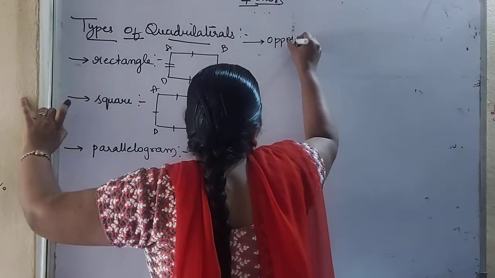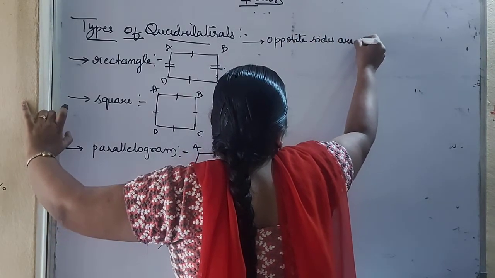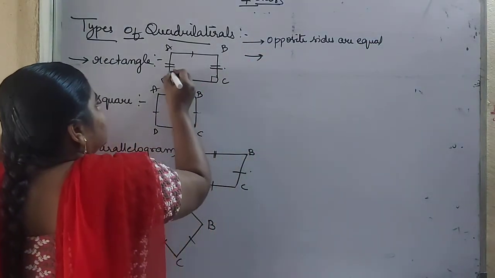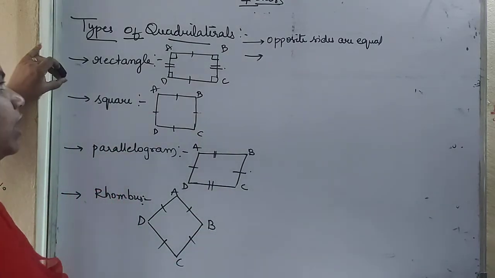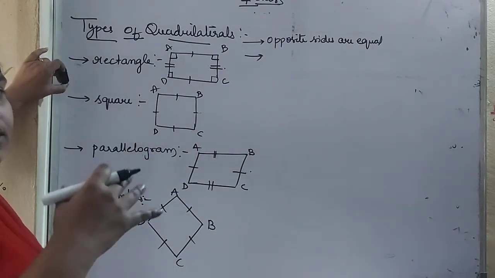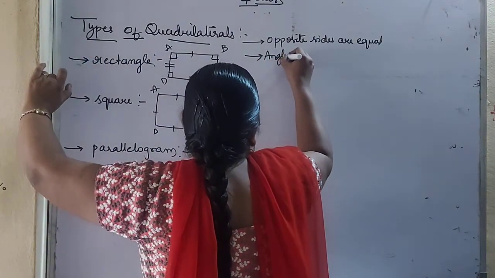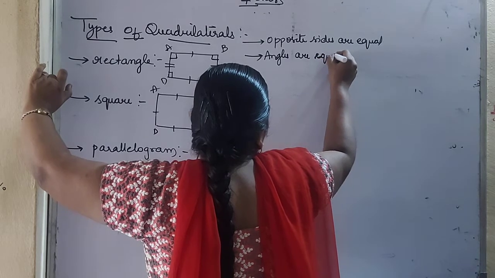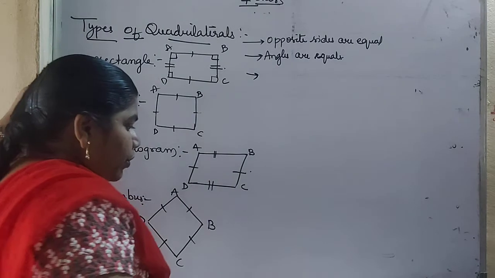So opposite sides are equal and we know that all the angles will be equal. Already we did one problem in the earlier exercise. We got in a rectangle all the angles as 90 degrees. So angles are equal.